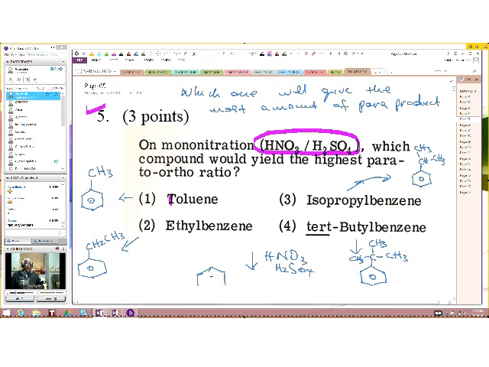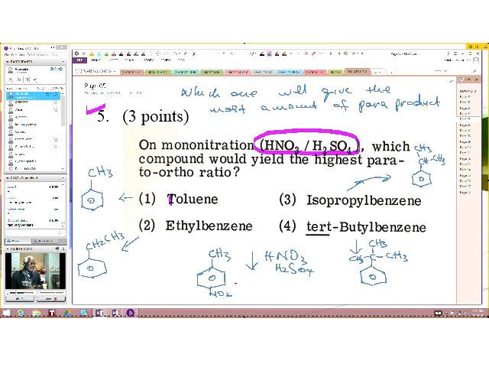Each one of these substituents is an ortho-para director. So what will be the correct answer? Which one will give you the most para product?